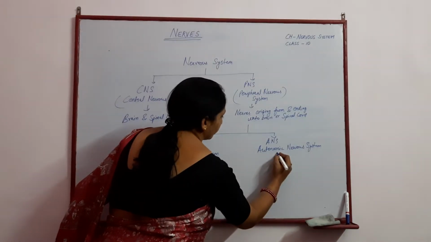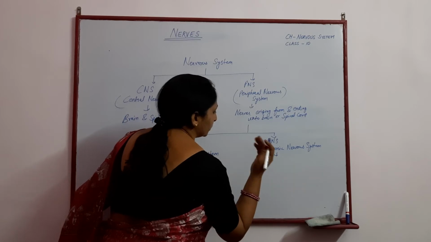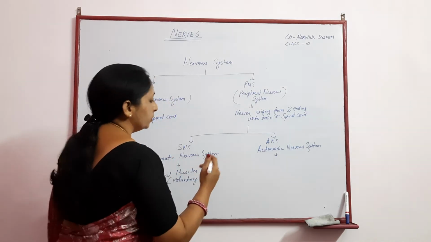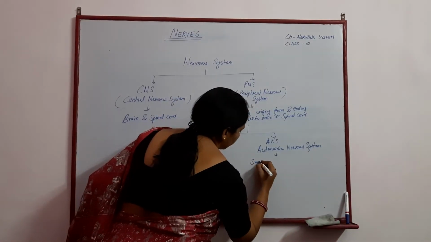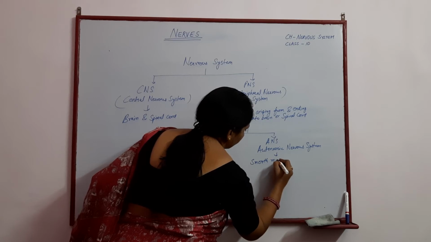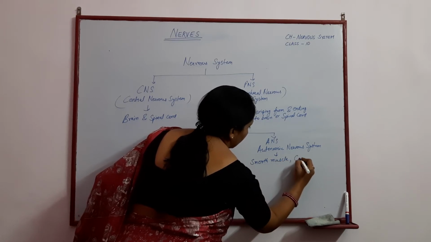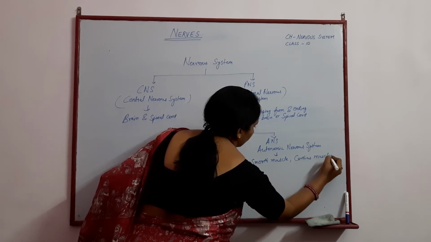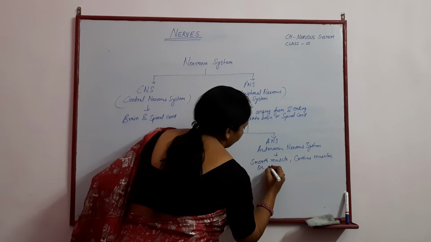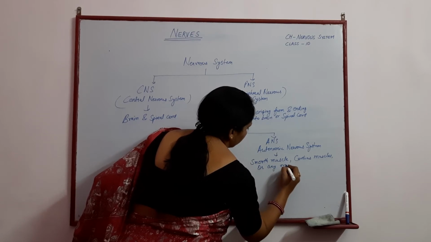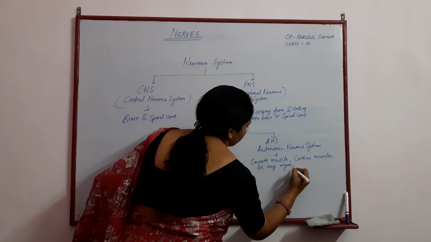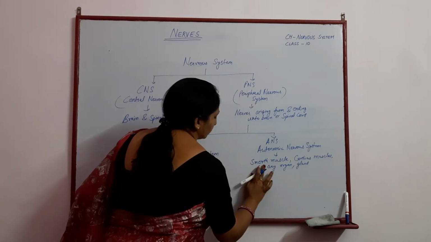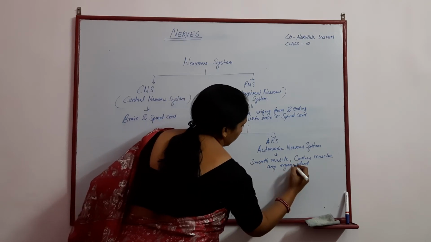While the ANS comprises the nerves arising from or ending at smooth muscles, cardiac muscles, or any organ or gland.